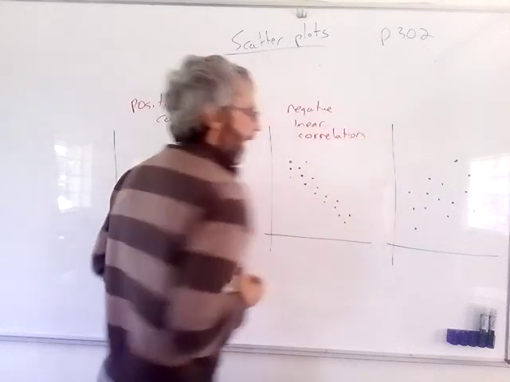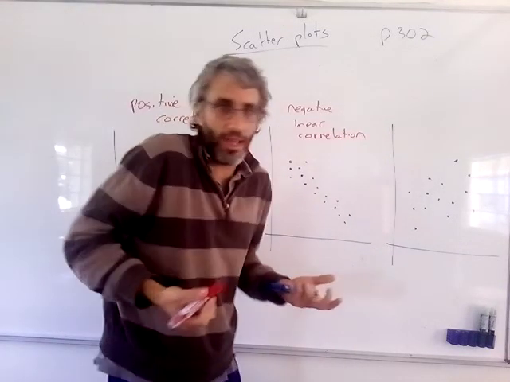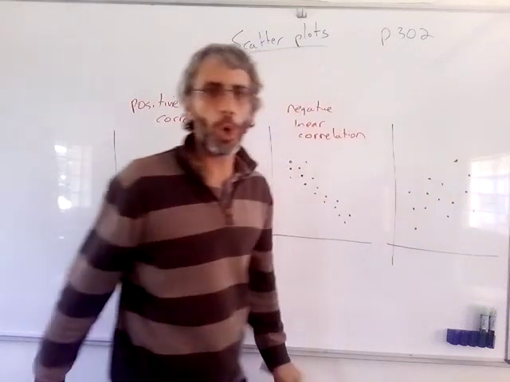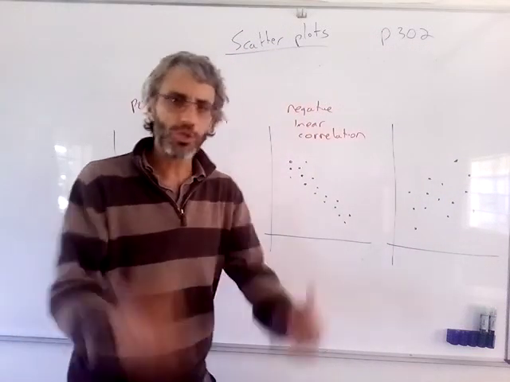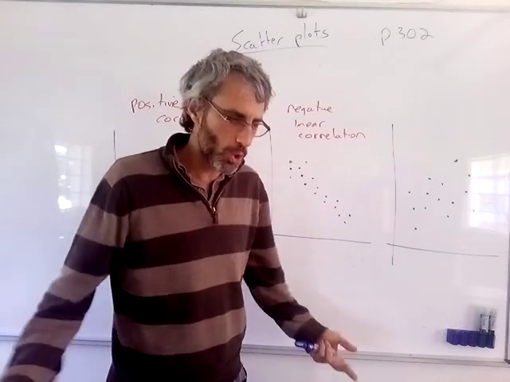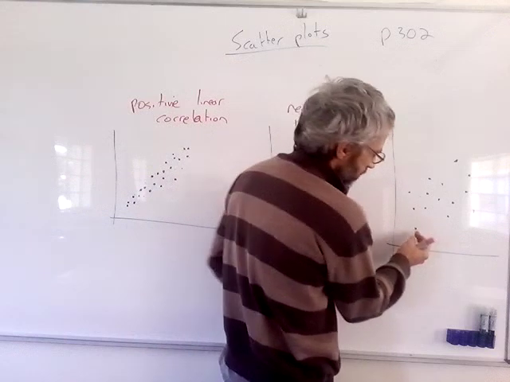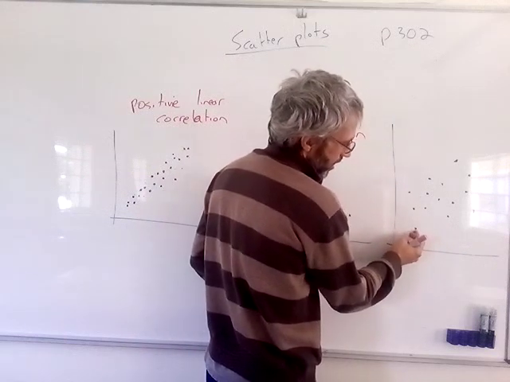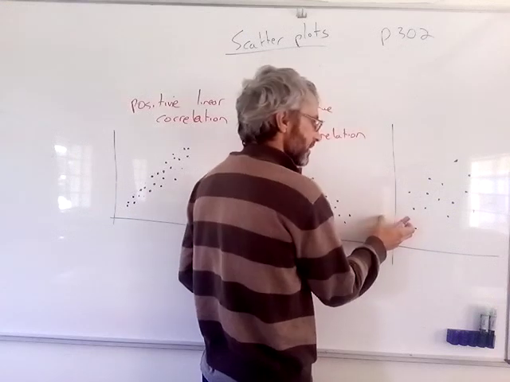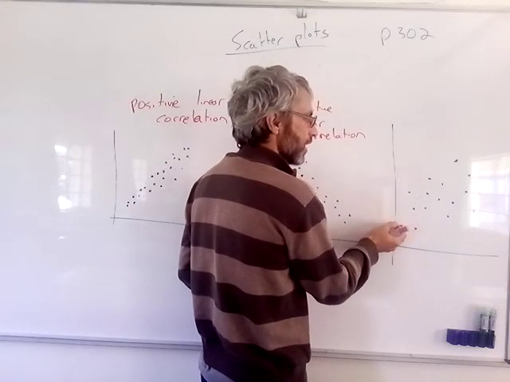And then lastly, there could also be a possibility where all the plots are just jumbled up like that. What does that mean? Well, that means that actually there's no correlation. Because for this petrol station, for example, the rating is quite low, and the volume is quite low as well.